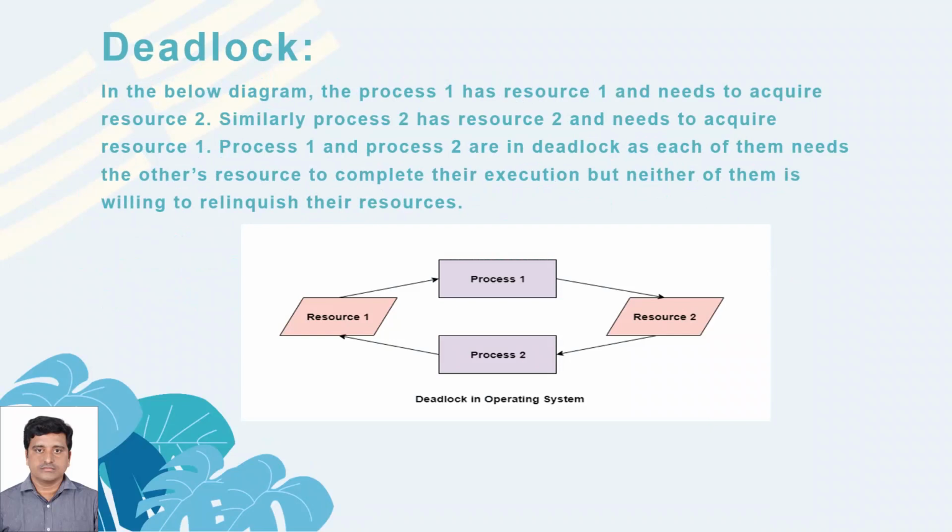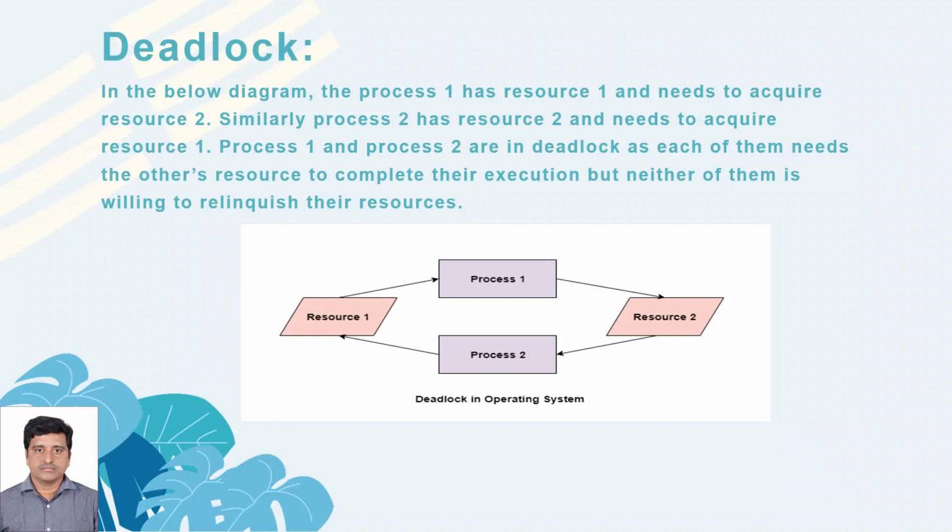In the diagram, resource 1 is allotted to process 1, and process 1 requests resource 2. If resource 2 is allotted to process 1, it will be completed. Otherwise, it is waiting for resource 2.